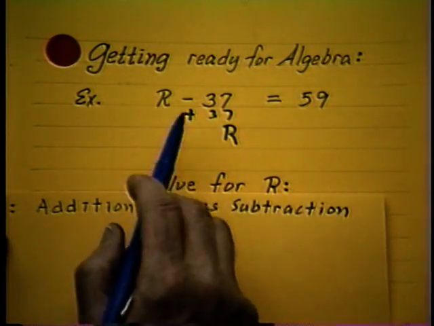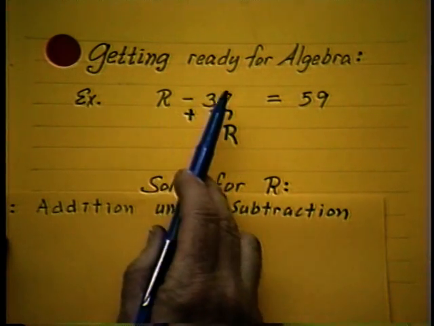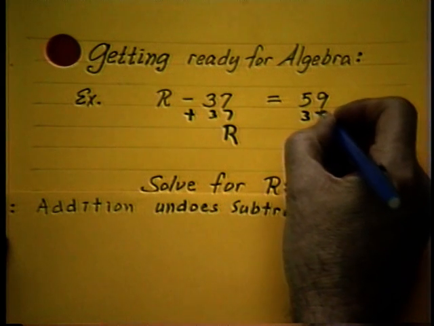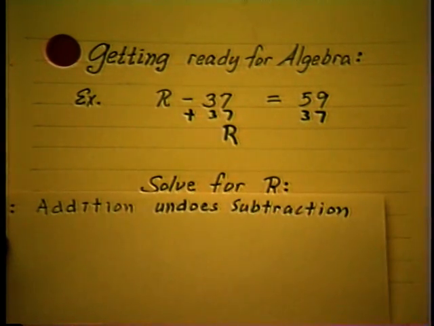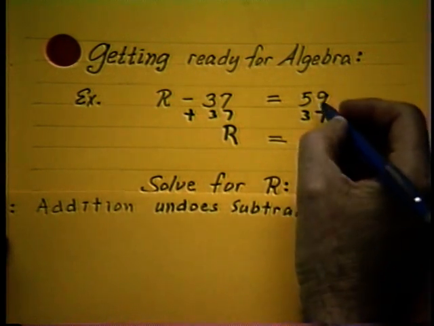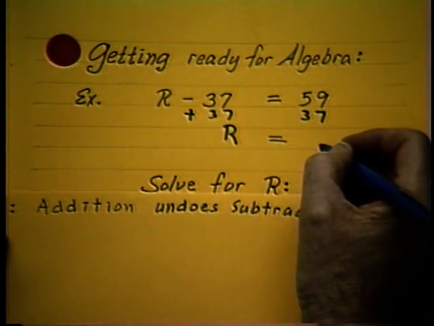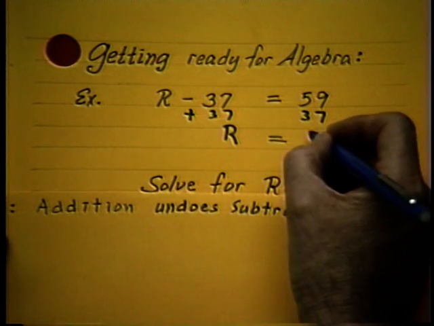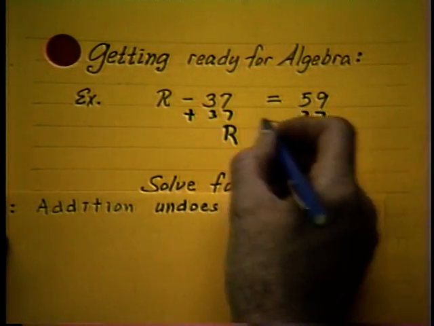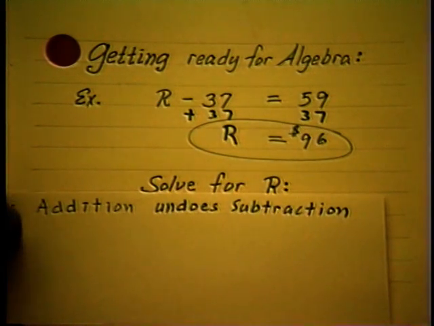Okay, now, if I add to undo that subtraction, the rule that we're going to have is that we must add the same amount to both sides. So in this case, adding 37 to 59, we get $96.